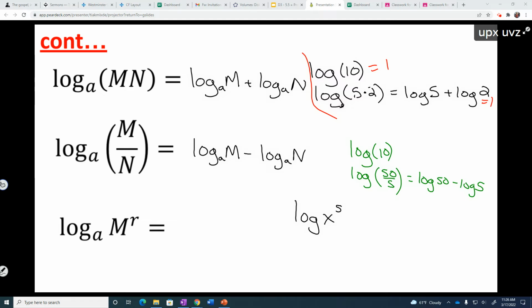Turns out we can take that exponent and bring it down in front, and we can write this as 5 log x. And so when you do this, you can bring the r in front. This is r log base a of n. You can bring exponents down in front of logarithms.